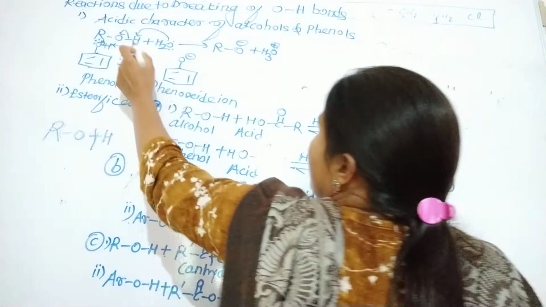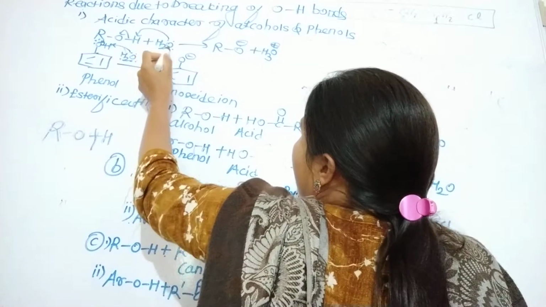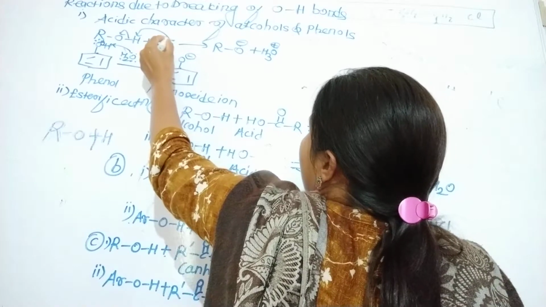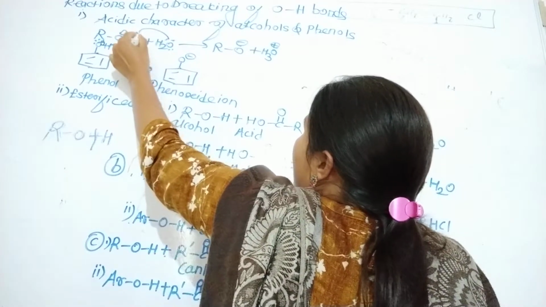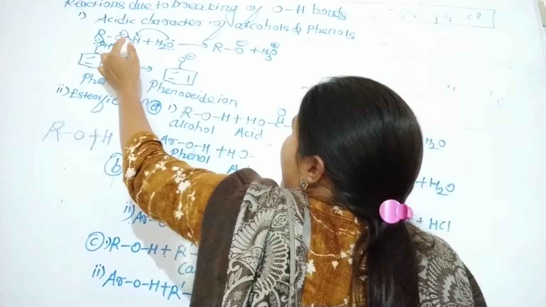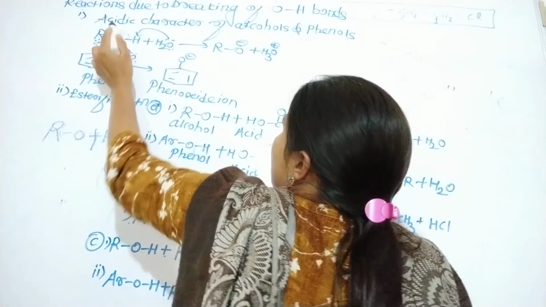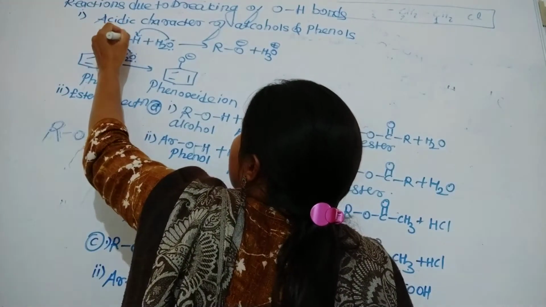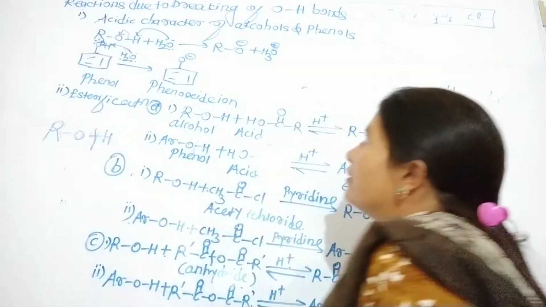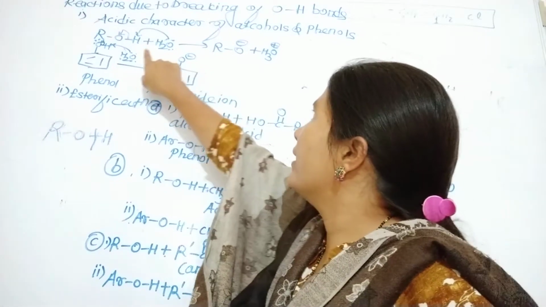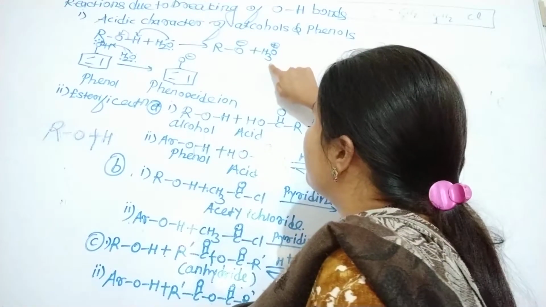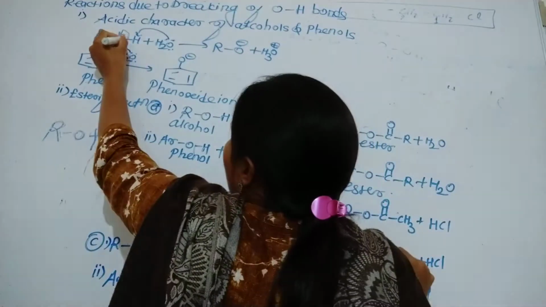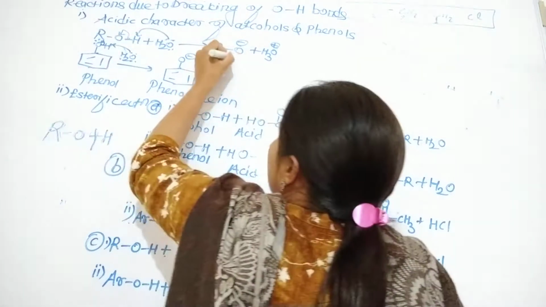You can take alcohol and add some water molecule, then the lone pair of the oxygen atom can take the hydrogen from the alcohol, and this bond shifts on the oxygen. This bond breaks, and the water molecule takes H plus, forming a hydronium ion, and the bond shifts on the oxygen atom giving a negative charge.